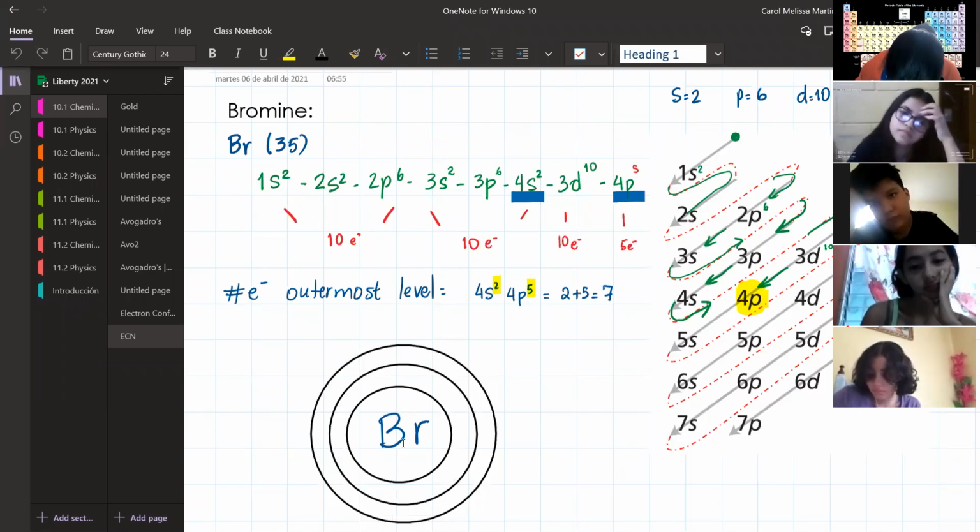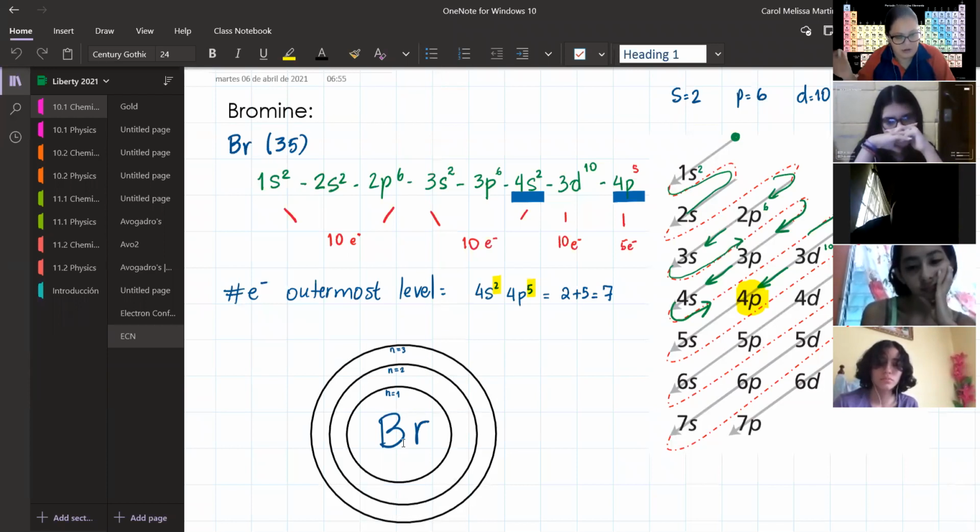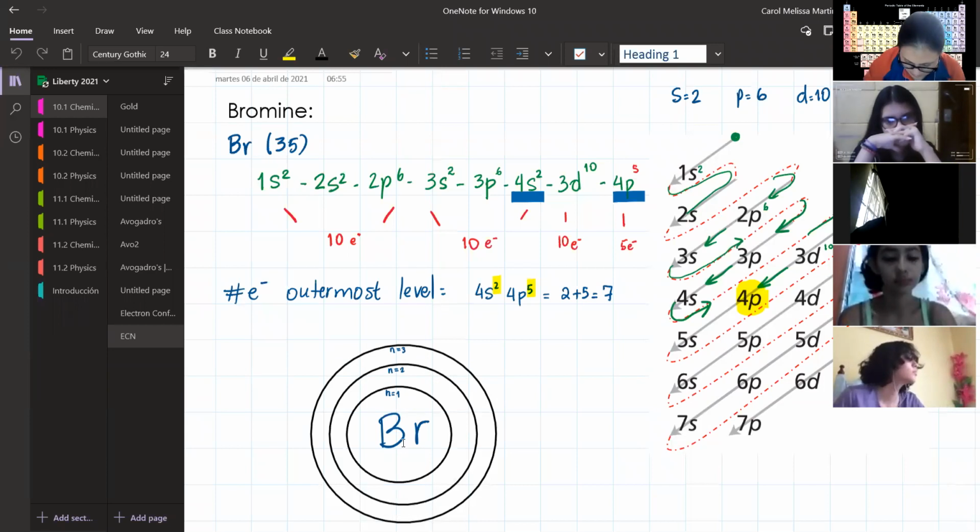It represents the quantum number 1, the quantum number 2, quantum number 3, and as you can see, how many quantum numbers did we get here? 1, 2, 3, and 4.